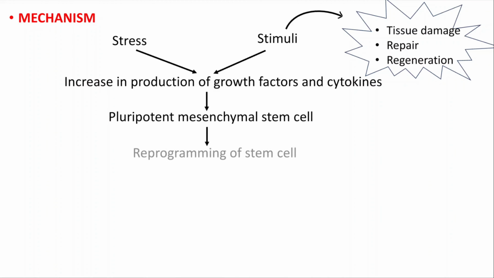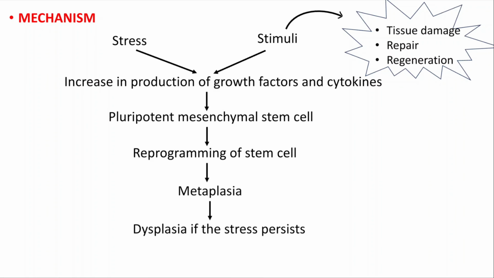And because of the continuous stress that the cell is undergoing, there will be reprogramming within the stem cells, because of which there will be metaplasia. And if the stress that the cell is undergoing persists, then the cell which has undergone metaplasia can get converted into dysplasia, thereby resulting in cancer.